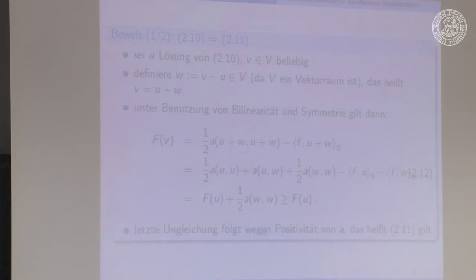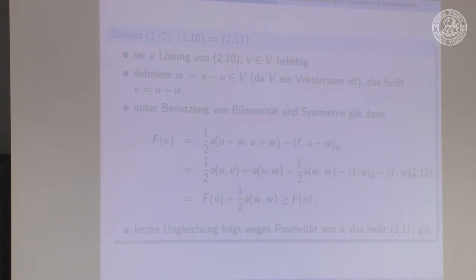Why have I omitted AUW minus FW? Because that's the variational equation for the test function W. The nice thing with variational equations is that when we say we have a variational solution, a weak solution, we are free in choosing the test function and to explore what it means to be a variational equation.